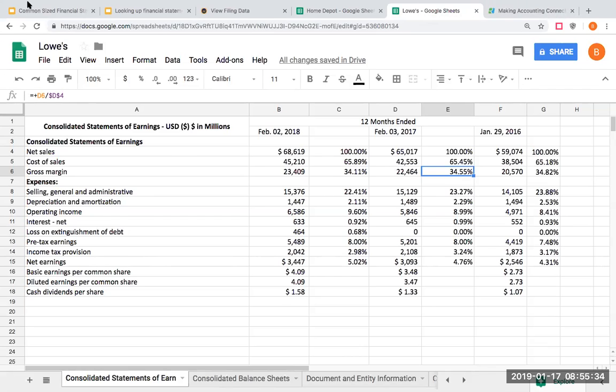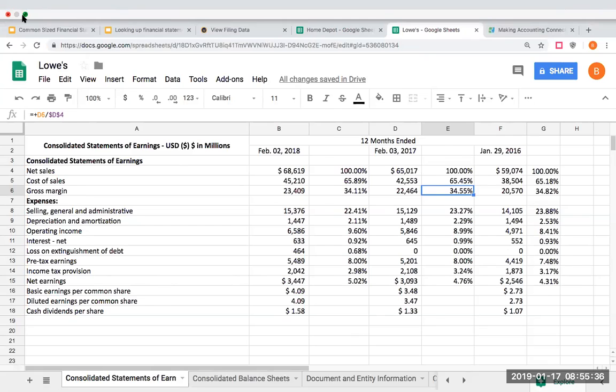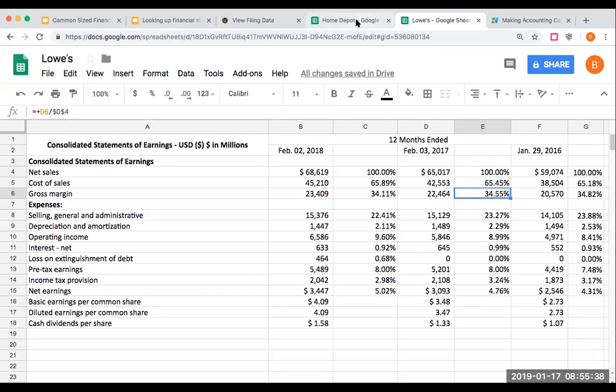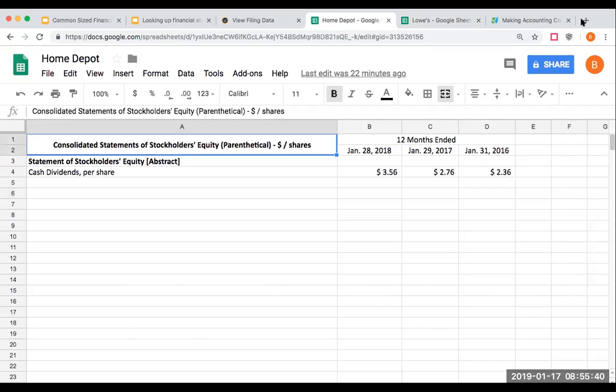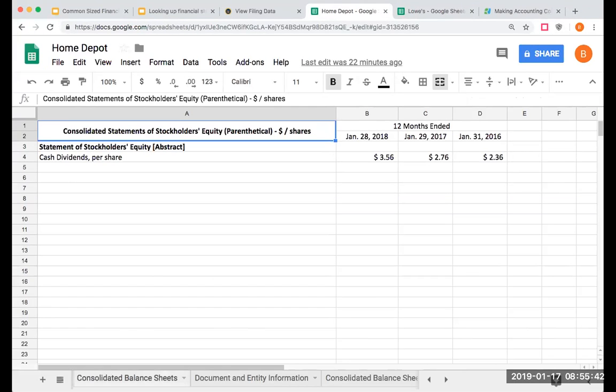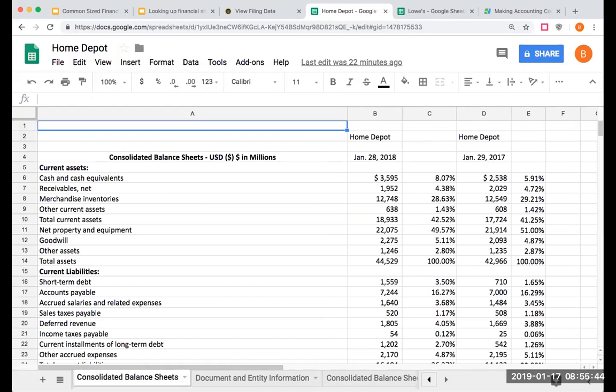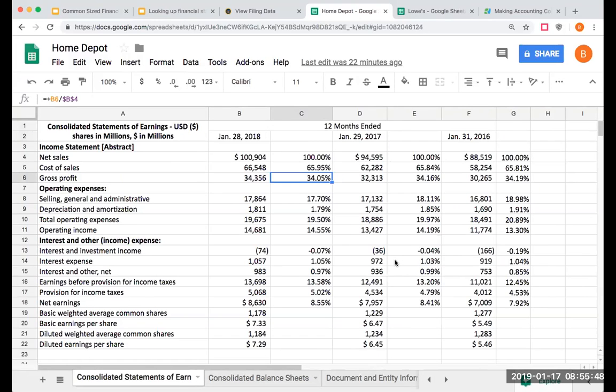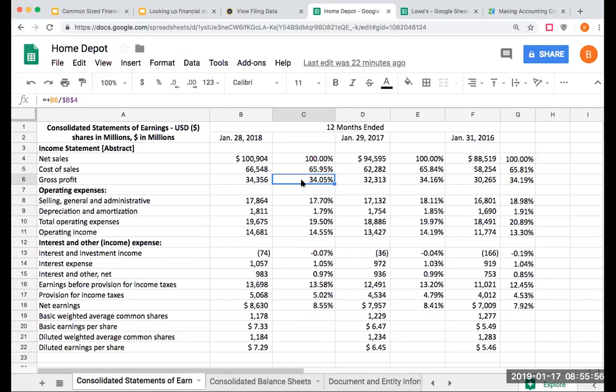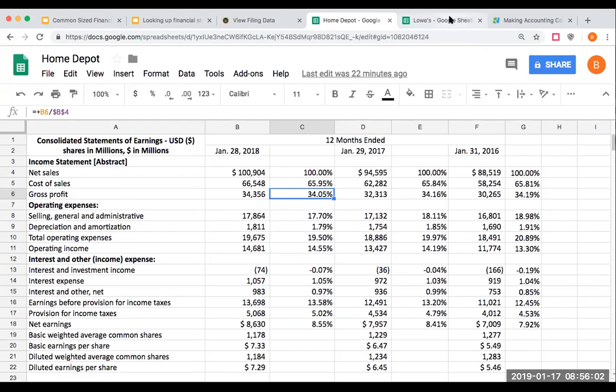So this is for Lowe's, and I did the same thing for Home Depot. Let's go over here and take a look at their earnings. One of the things we notice, looking at both sides, is that my gross profit for Home Depot is roughly about 34.5%.